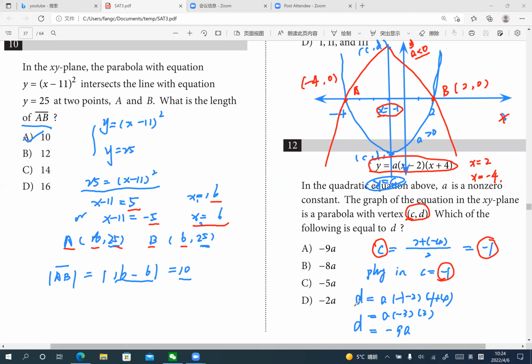We get D equals A times (-1) squared minus 2 times (-1) plus 4, which is -3 and 3. The final answer is D equals -A. So we should choose option A, question 12.